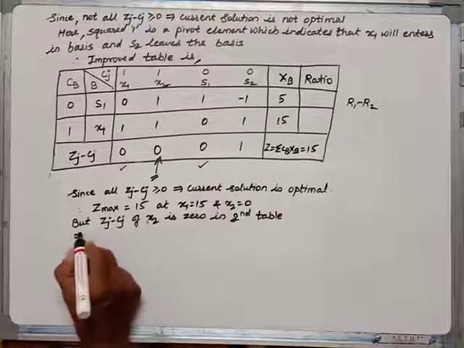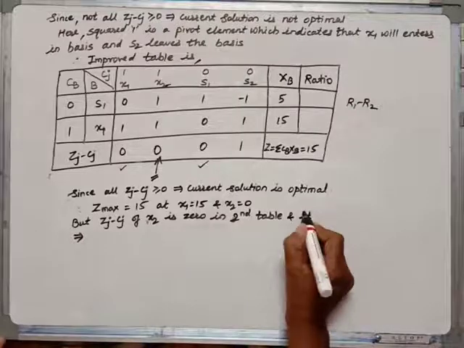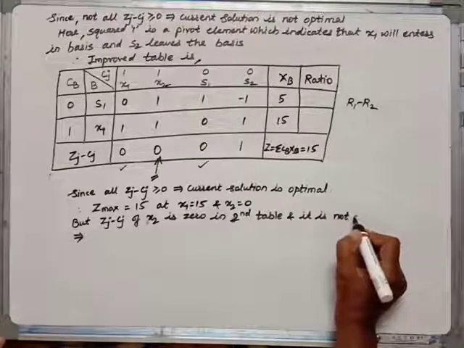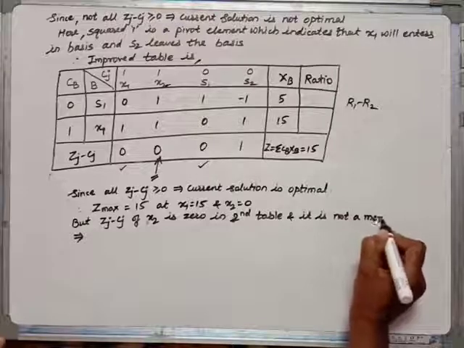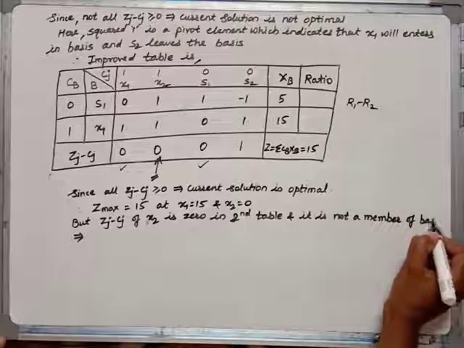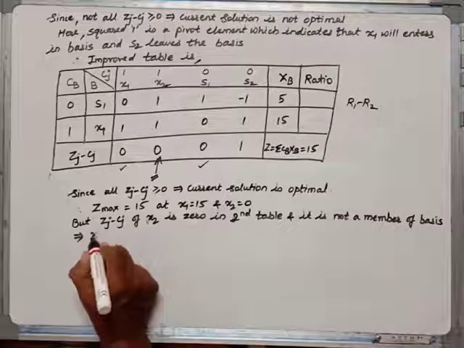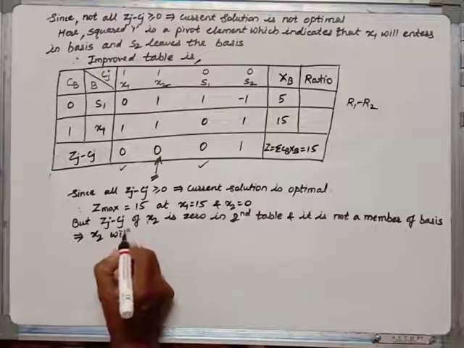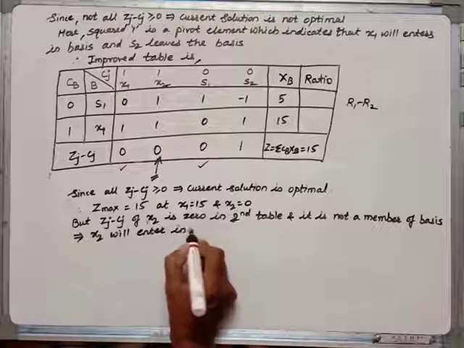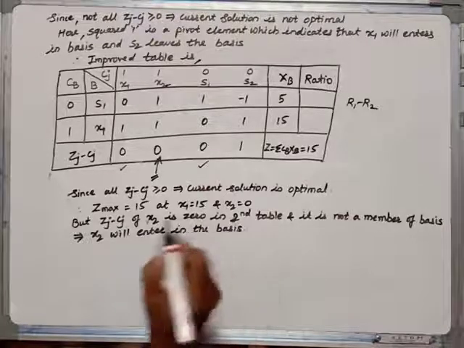So this implies, and we must write, it is not a member of basis. It is not a member of basis. So this implies that x2 will enter in the basis. It wants to enter in a basis.